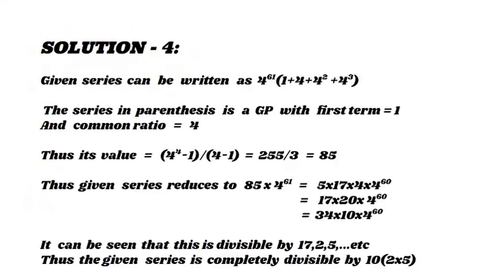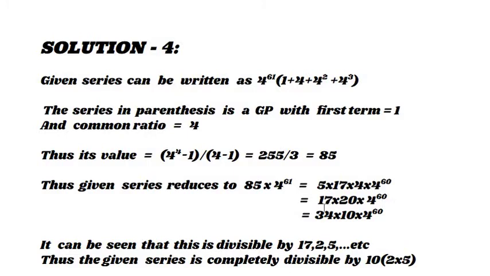Now look at the reduced expression. The reduced expression is 5 into 17, that is 85 has been broken into 5 into 17 into 4 raised to the power 60. Now 5 into 4 is 20 and 17 is here, 4 raised to the power 60 is taken as it is.